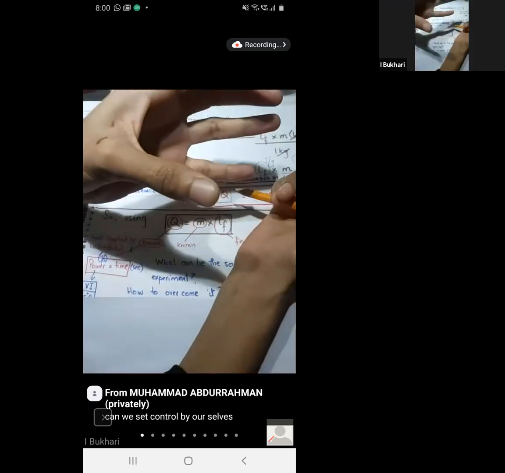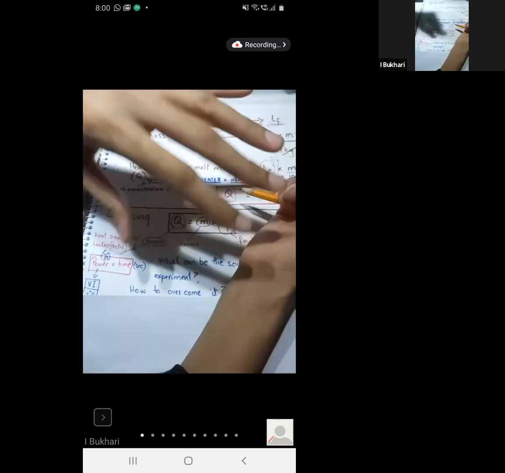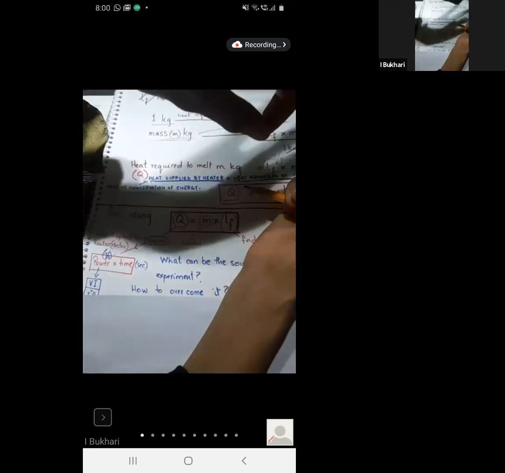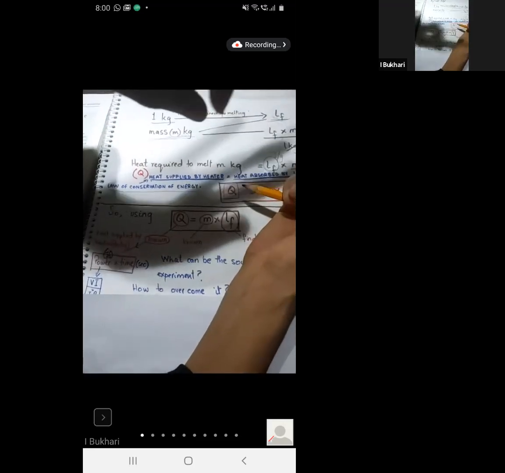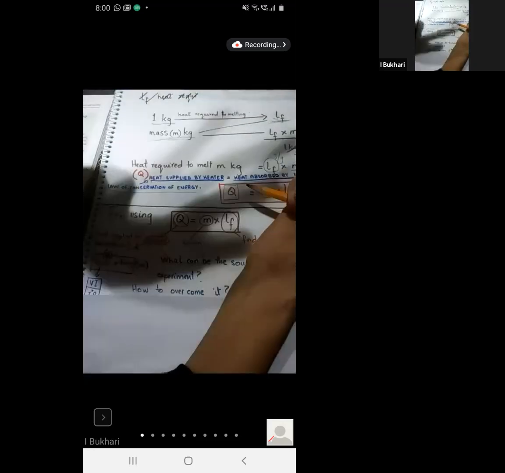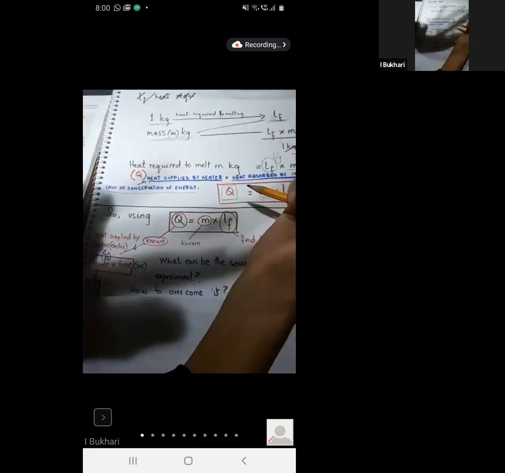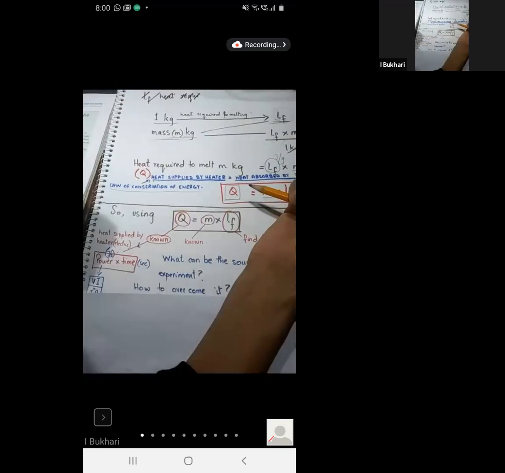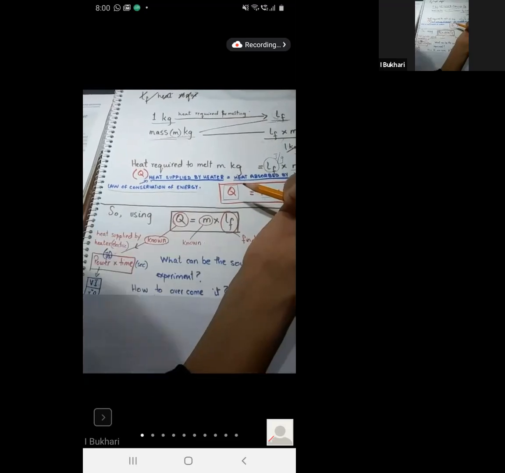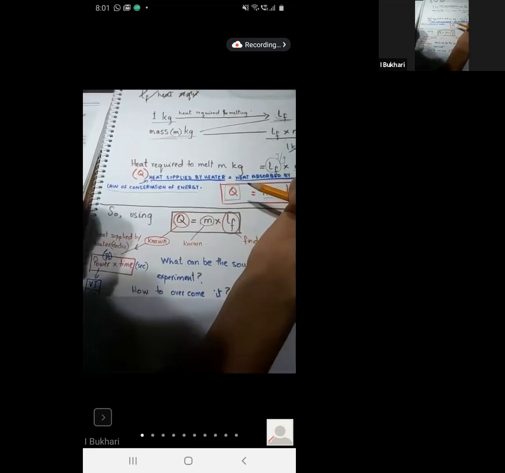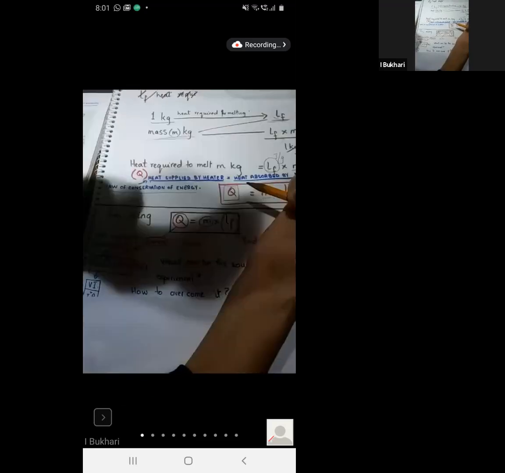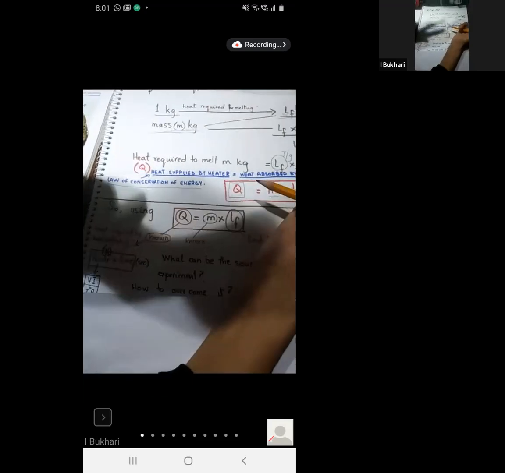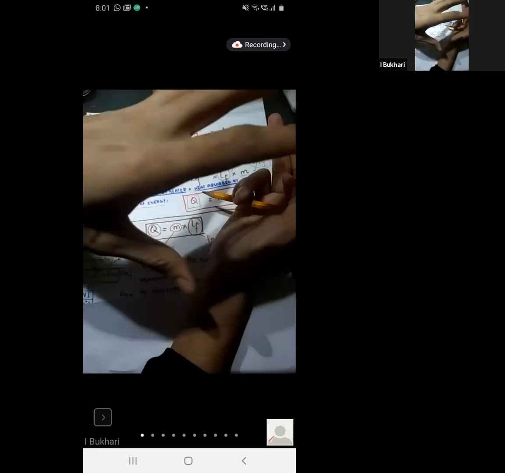Keep the electric heater immersed in the ice, but don't turn it on yet, because whatever the temperature the electric heater itself has before it got turned on, let all of that energy be transmitted to the ice, and let the ice melt due to the room temperature for 5 minutes.